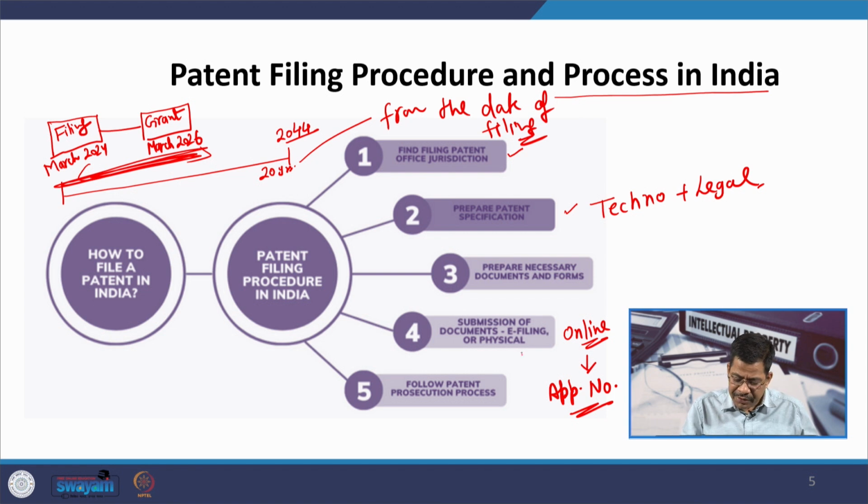Once you have submitted the application and got the application number, your rights have started, and protection of the novelty has started. Then you need to follow the complete prosecution process. Your application will go through multiple stages.